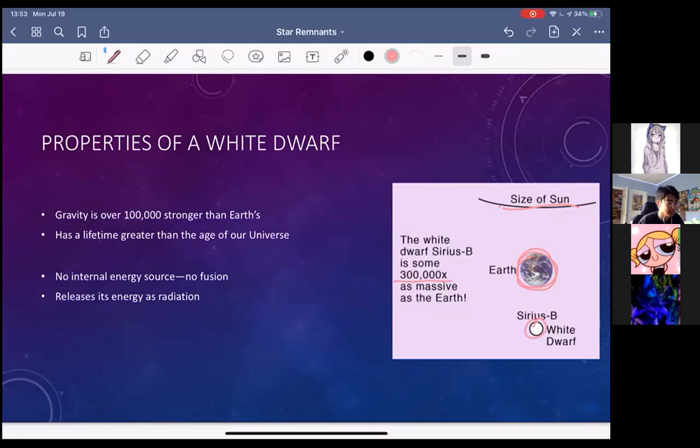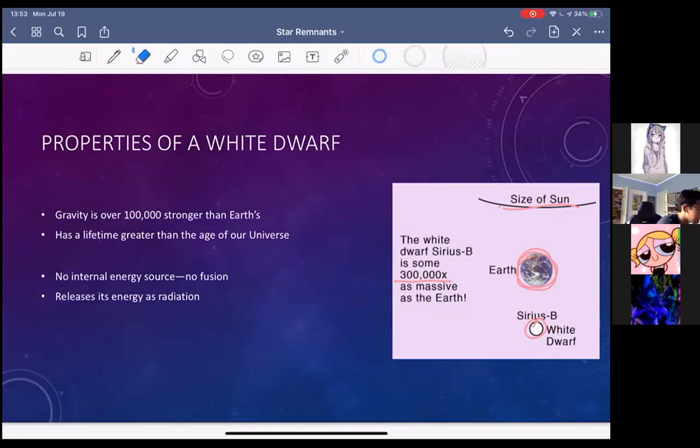That's how dense this white dwarf is. Inside your fingers, you have a lot of atoms that are certain distances away from each other, held by bonds. If you smush that even further and get rid of all the space between the atoms, that's how you achieve a white dwarf.